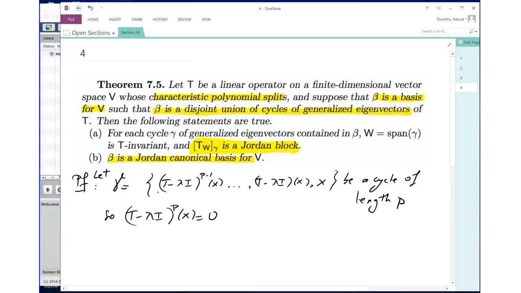So this is the cycle. Let me call the vectors v1, through v(p minus 1), v sub p. And there are p of them.